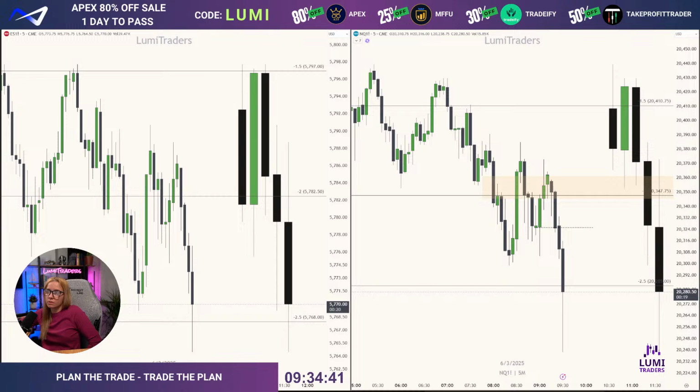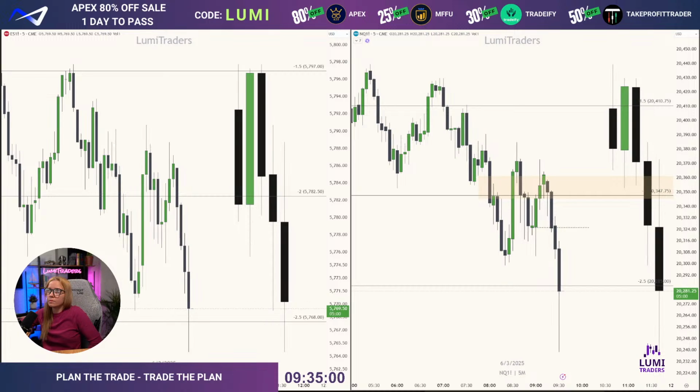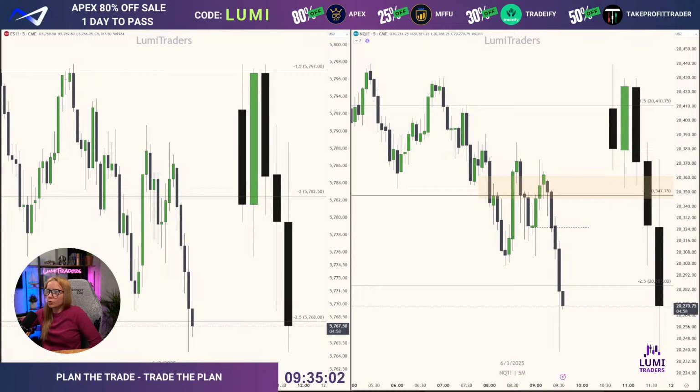If I saw this right, gold has SMT with silver, so basically a bullish idea. Not perfect SMT, but once again, on gold, looks bullish.